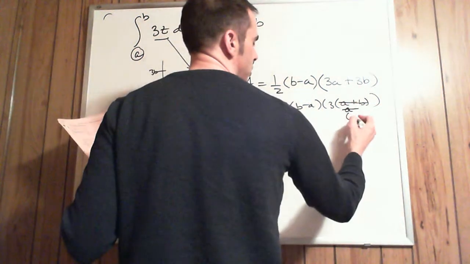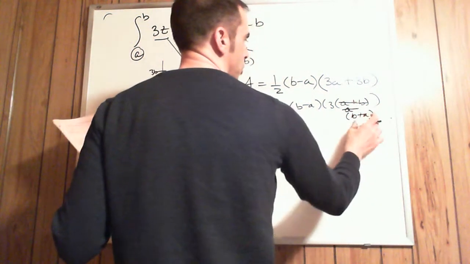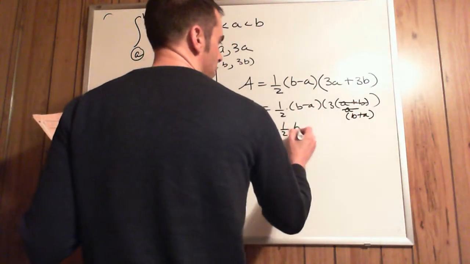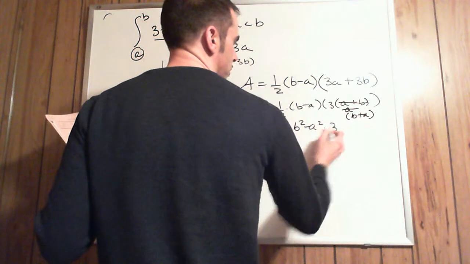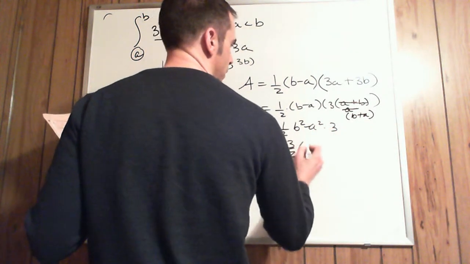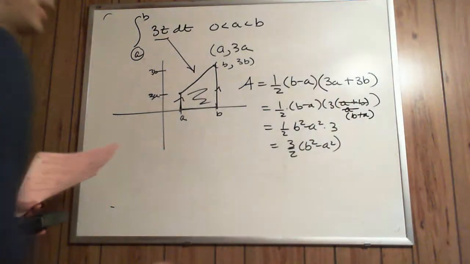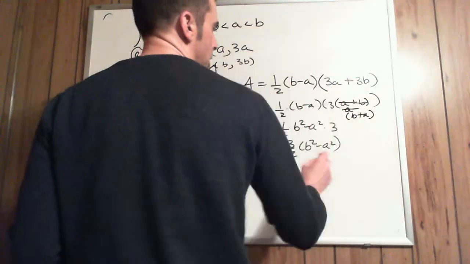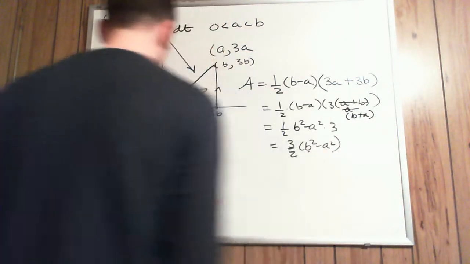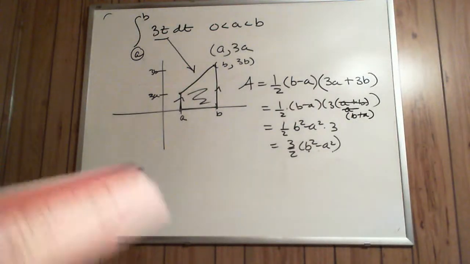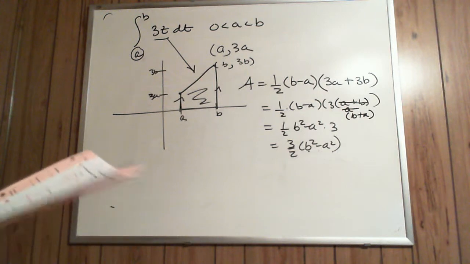You can make this b plus a. So b plus a times b minus a would then be b squared minus a squared times 3. So it would be 3/2 times b squared minus a squared. If you took the time to factor out the 3 and FOIL this out, you'd get b squared minus a squared times 3/2. So there would be that area. This is part 1.